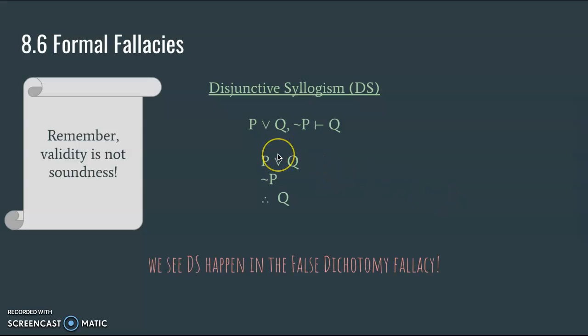So the reason that false dichotomy is a fallacy is not because it's invalid reasoning. The reasoning is valid. It's because there's a false premise in that. And the false premise in that case would be to make you think that you only have two choices. You have to do one or the other, when really there's a third option or more options there for you.